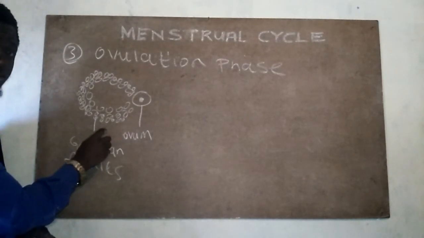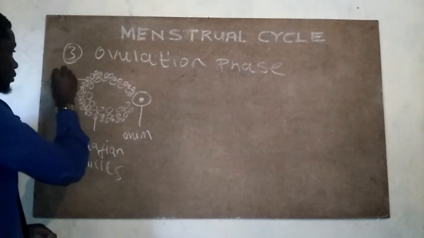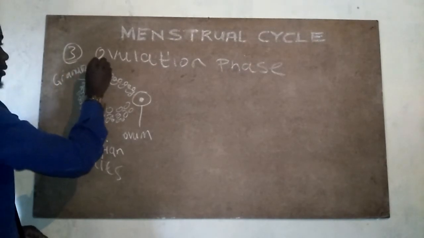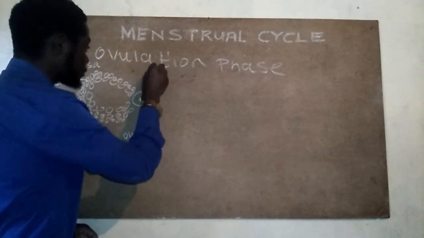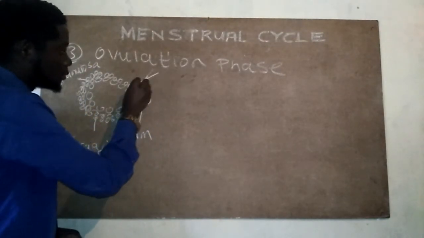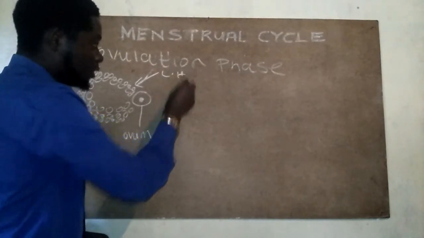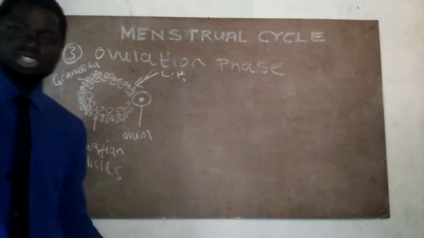And then the cells of these acquire what we call the granulosa cells, due to the influence of the luteinizing hormone, the LH. This has ovulated.